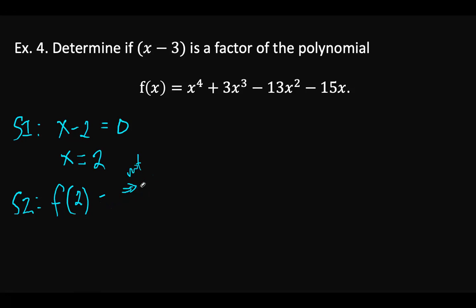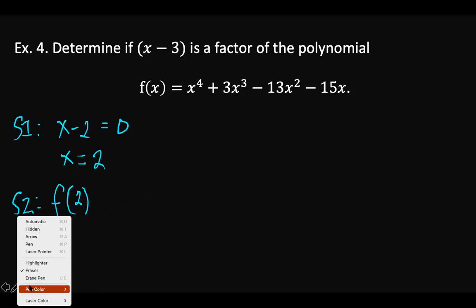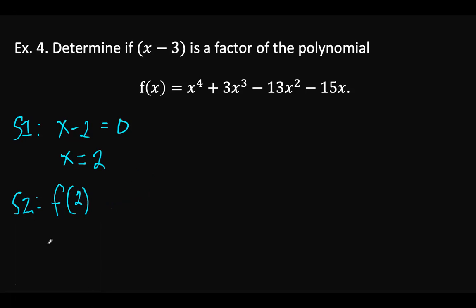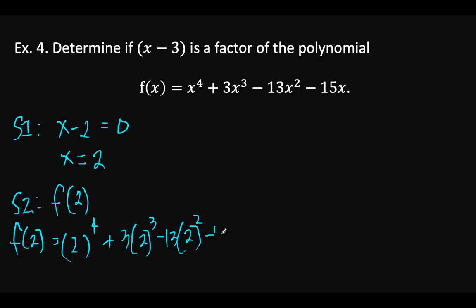Okay, let me erase this because we haven't found the value of f of 2 yet. So let's solve it first. So here, f of 2 is equal to, again, substitute 2 to all of the x's in the f of x. So that's 2 to the 4 plus 3 times 2 cubed minus 13 times 2 squared minus 15 times 2.